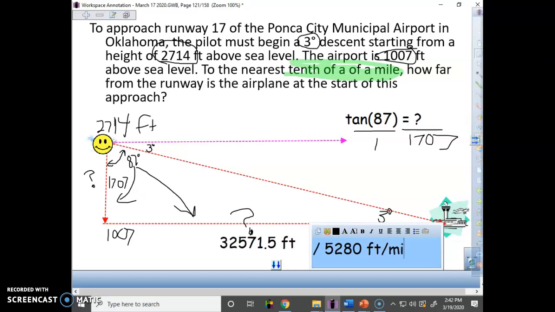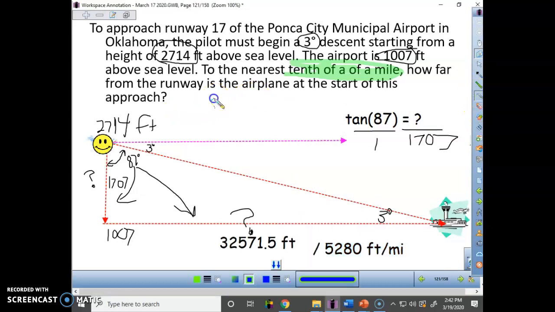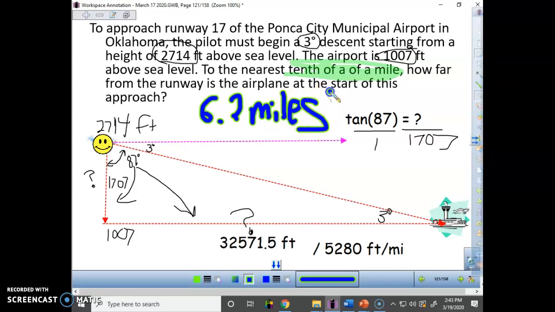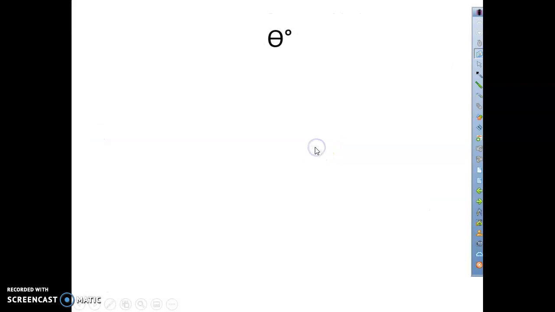So take that divided by 5,280 equals 6.16, so 6.2 miles. There's our answer.